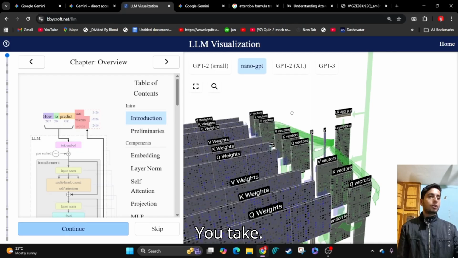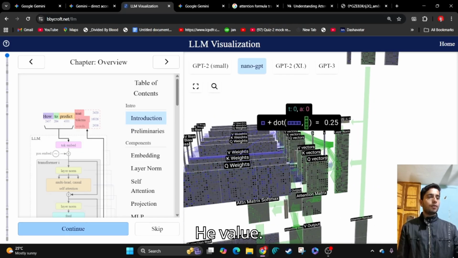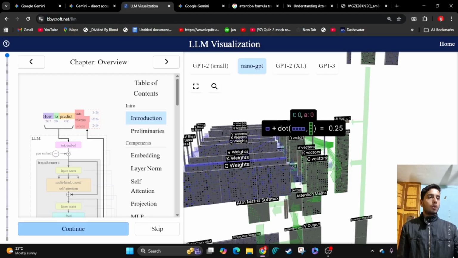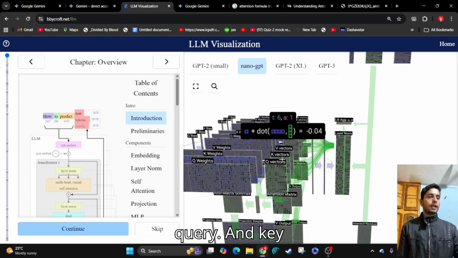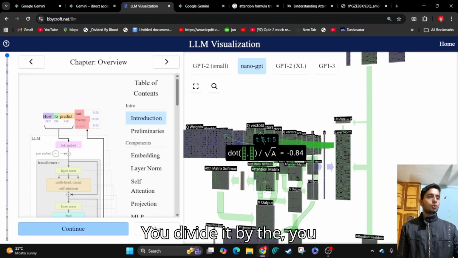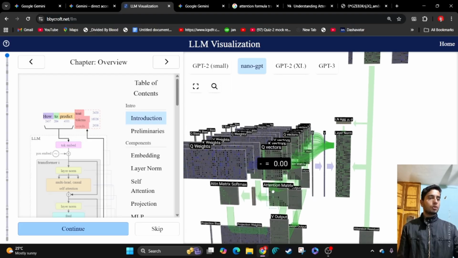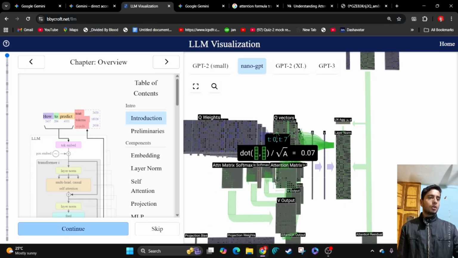You take the query, key, and value matrices. You multiply the query and key matrices, you take the dot product, and you divide it by the root of the dimension of the key matrix.